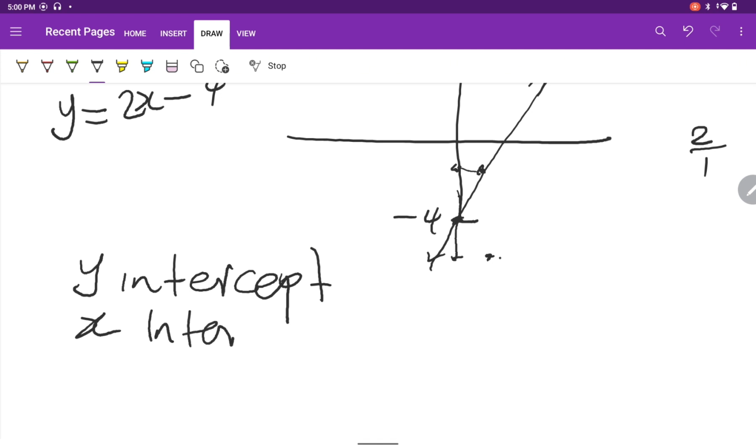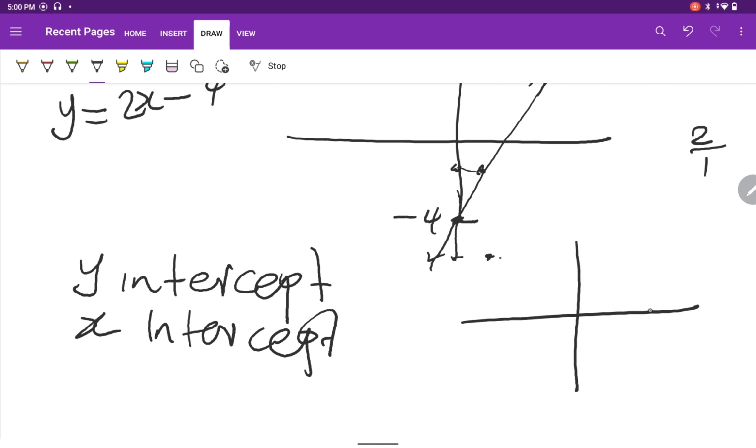Now by intercepts, we want the situation where the graph cuts the axis. When we have a Cartesian plane, and the graph is cutting the x-axis here and the y-axis here, we're only going to calculate those 2 points. We call these 2 points the intercepts.